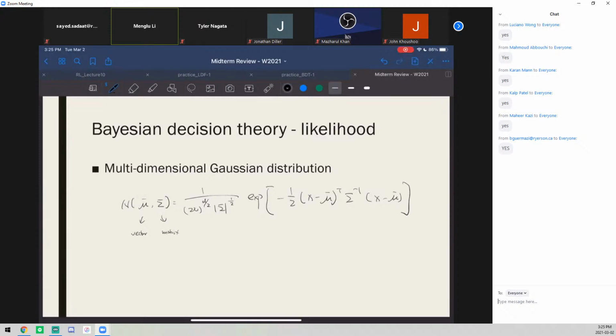And here it's the determinant of the covariance matrix. The D here means the number of features, and X is the observation vector.